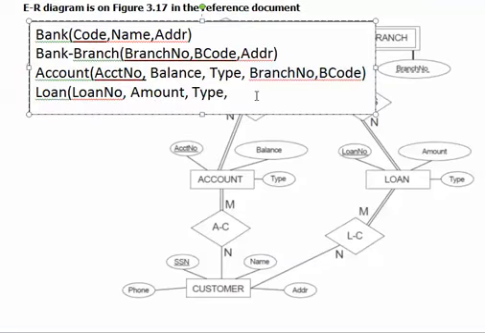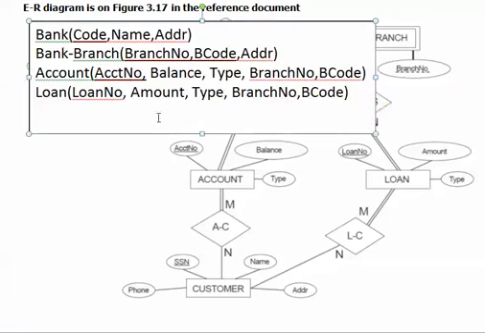Okay. So then we got the AC, which is something like account-customer relationship, and then we got the LC. Those two are many to many, so they will be relations. So let's start with AC. AC will get the key from account number and from customer, which is social security number, and that's it.